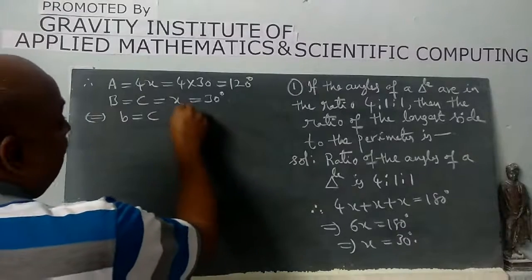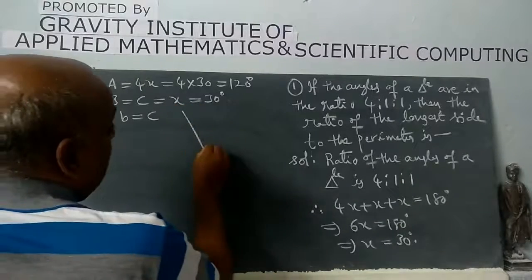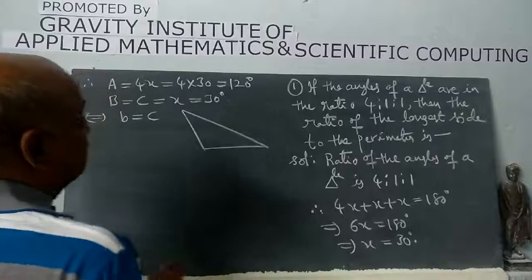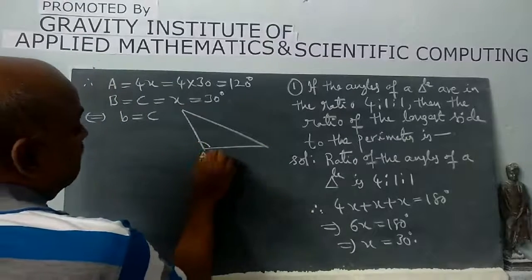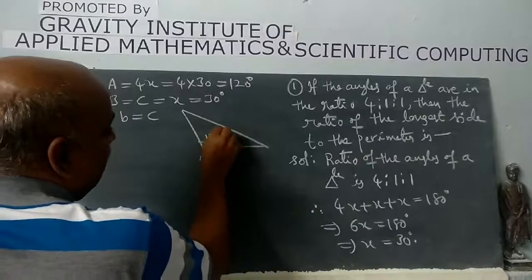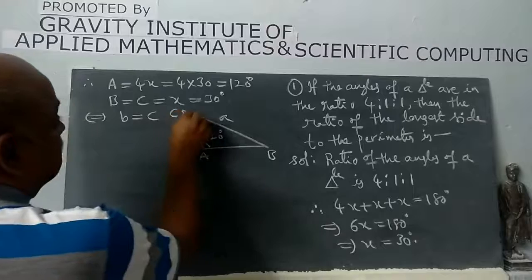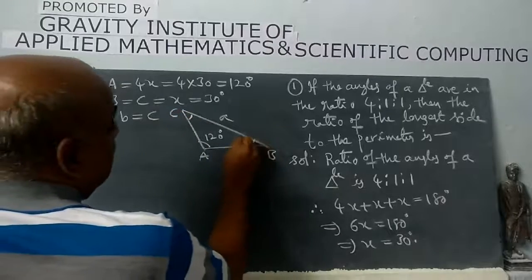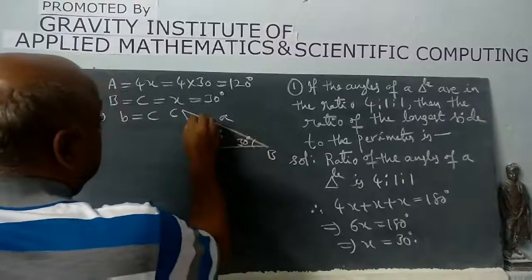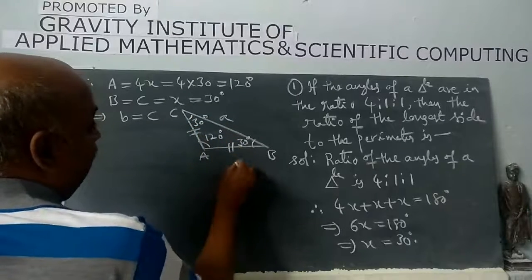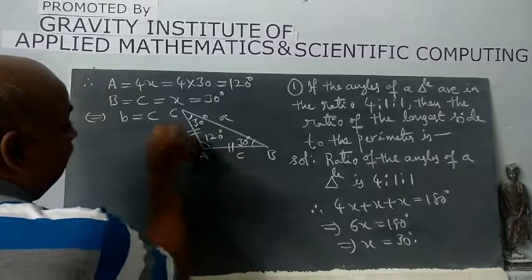So the triangle will be an obtuse isosceles triangle. So this is A, 120 degrees, A, B, C. This is 30 degrees. This is also 30 degrees. These two are equal.